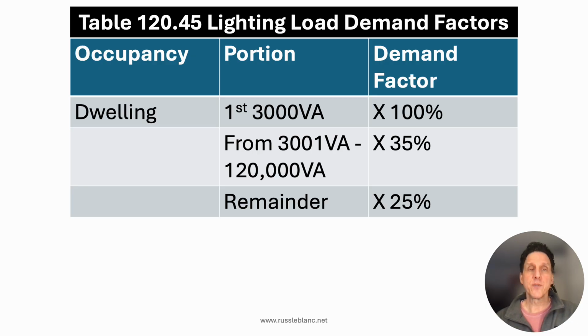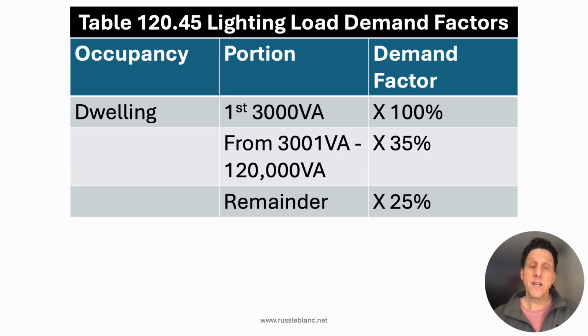The first 3,000 volt amps still get taken at 100%. The next portion, from 3,001 VA to 120,000 volt amps, that's the next 117,000 volt amps, could get taken at 35%, and then the remainder gets taken at 25%. No change in those demands at all.